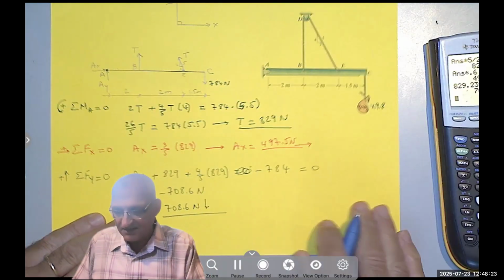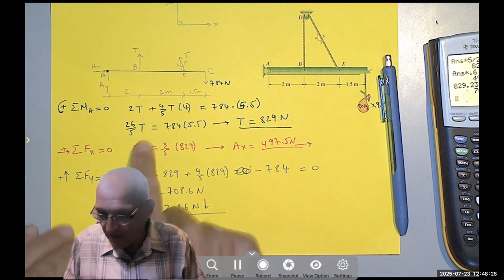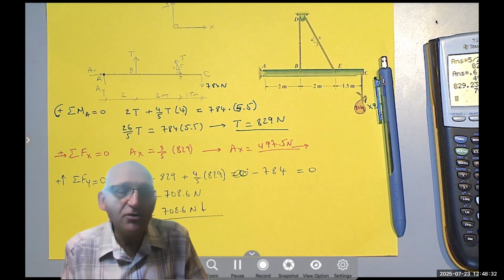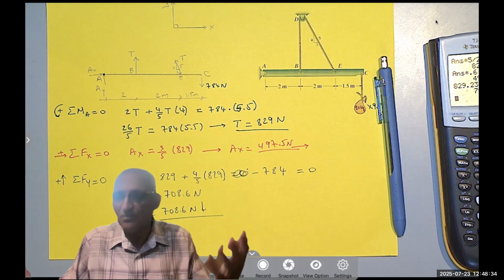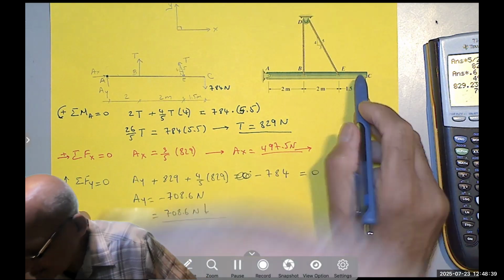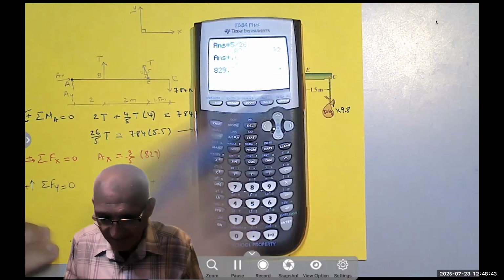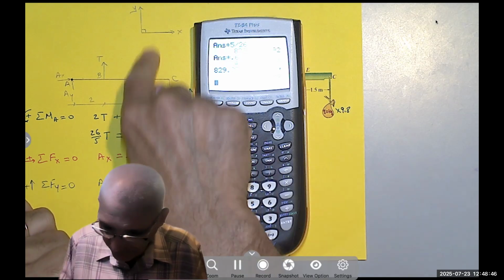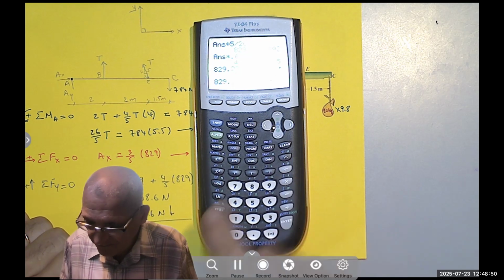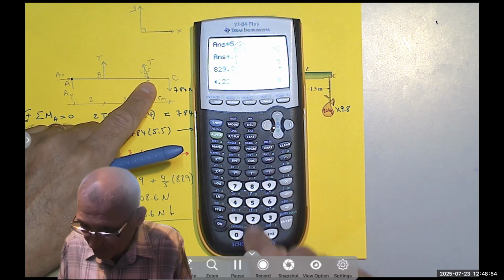And basically that's it. These are the reactions, A sub x and A sub y, and that's the tension. And again, if you have time, it is always a good habit to take the moment about another point and see if you get 0. For example, if I take the moment about point C, I get 4/5 of T going clockwise times 1.5, so times negative 1.5.